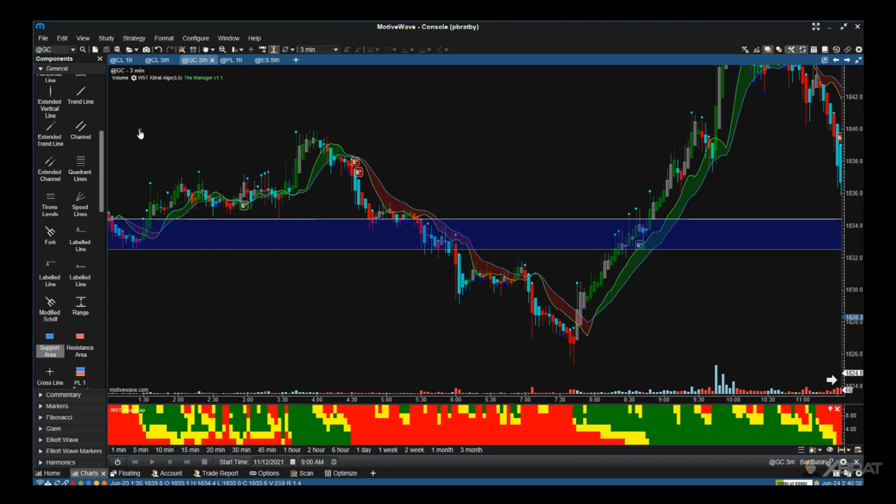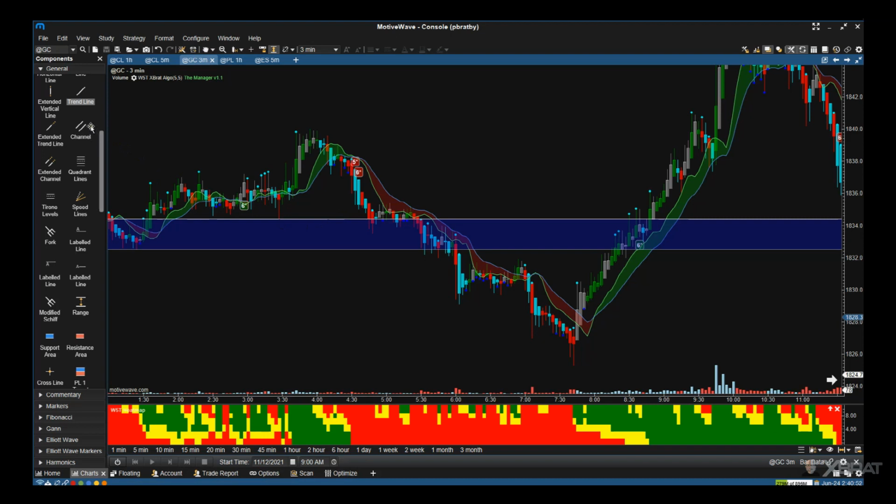So in theory, what we would normally look at is an entry just below this 6-star signal candle, but we don't want to short into support. We need to be a little bit more conservative with this entry.